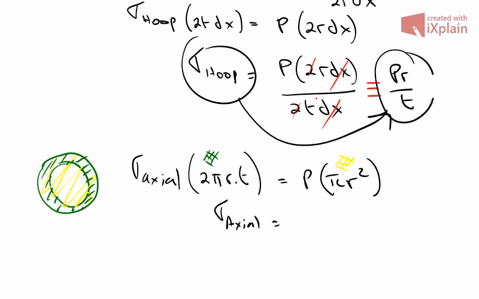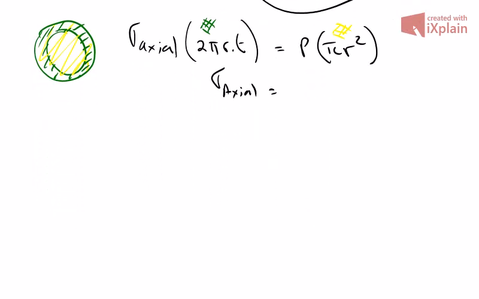If we do the same calculation, we end up with the stress axial is equal to P pi r squared over 2 pi r t.